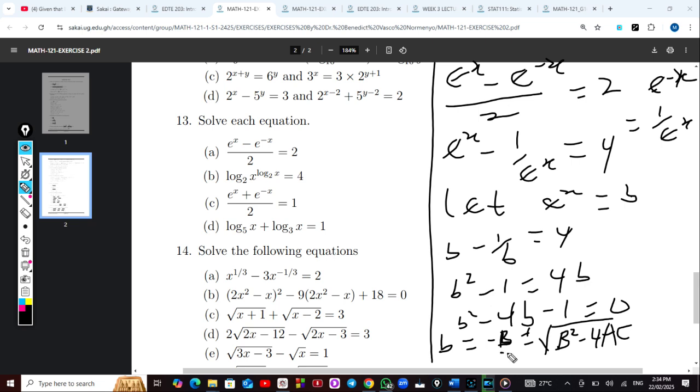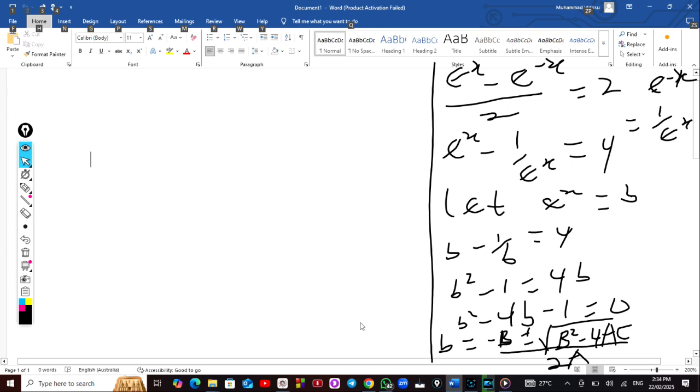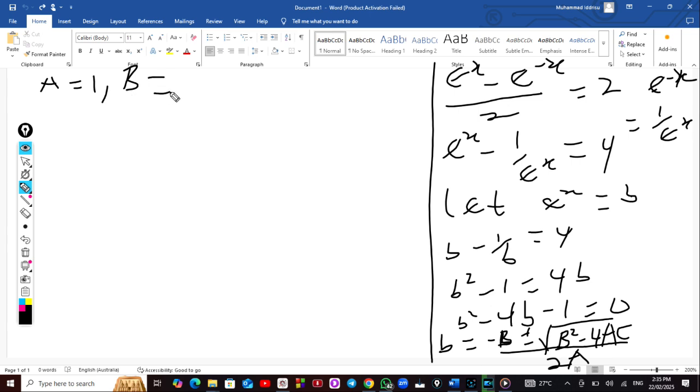This is the general quadratic formula, so let's use it to solve this question. Our capital A is the coefficient of b squared, which is 1. Capital B is the coefficient of b, which is negative 4, and capital C is the constant, which is negative 1.